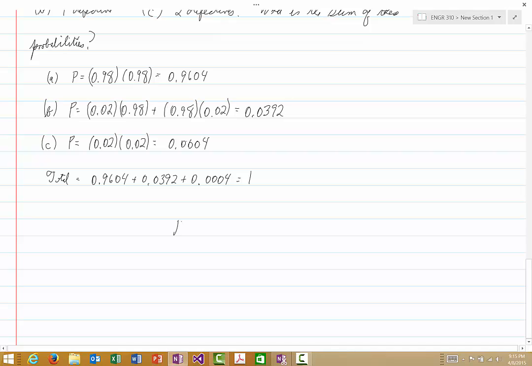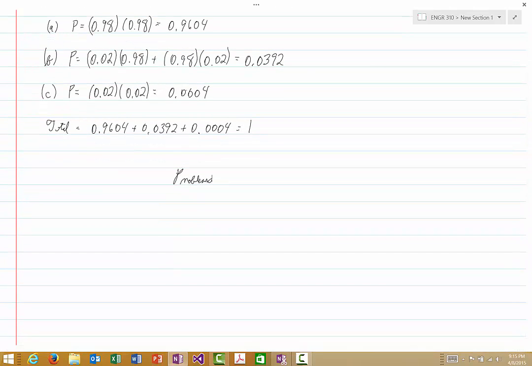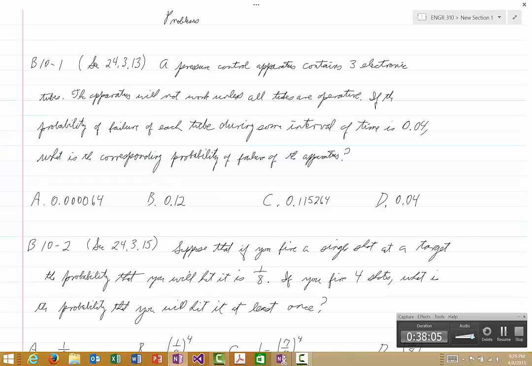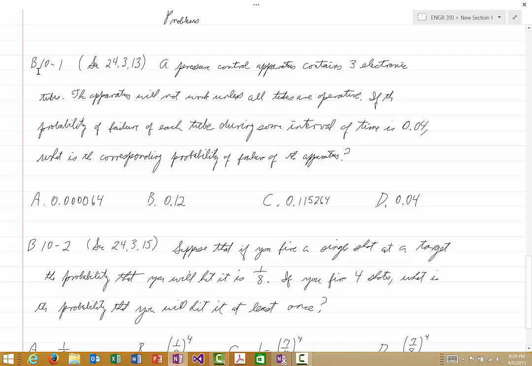So now, let's identify some problems for you to work for next time. Okay, so the first problem for you to work, 10-1, and this is related to problem 24.3.13 in your text. It says a pressure control apparatus contains 3 electronic tubes. The apparatus will not work unless all tubes are operative.